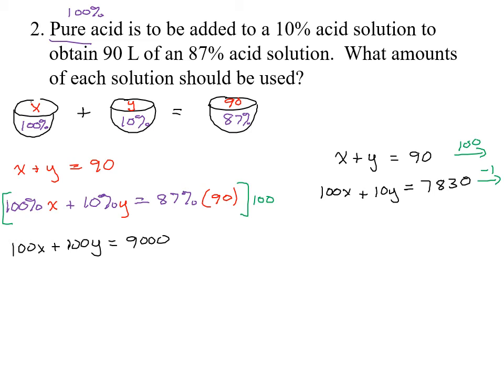And then I'll have negative 100x minus 10y equals negative 7830. And my x's cancel. So the 100y minus 10y gives me 90y. The 9,000 minus the 7830 gives me 1170.